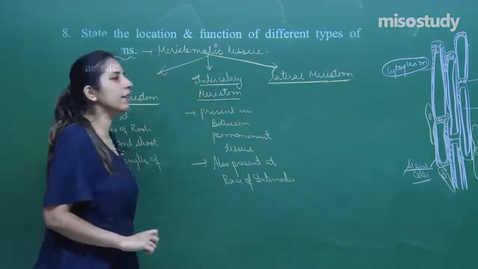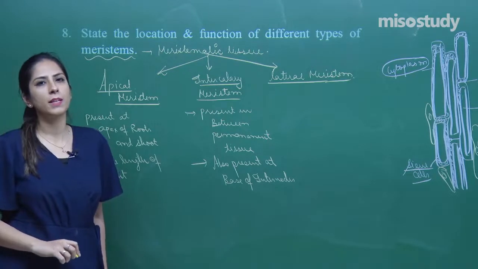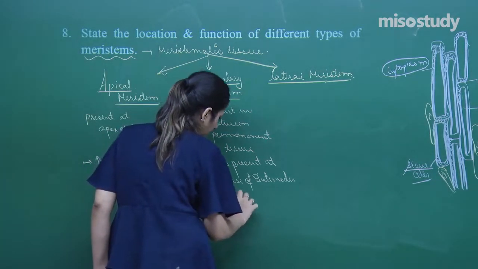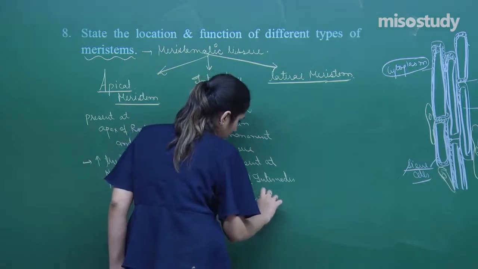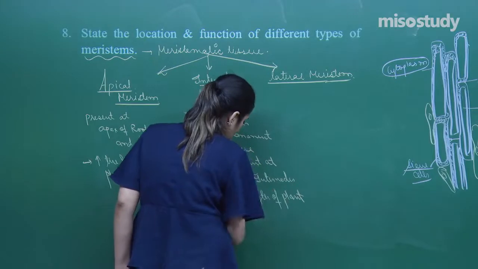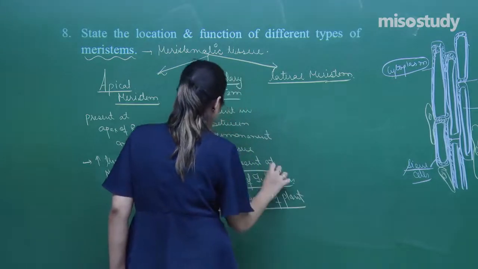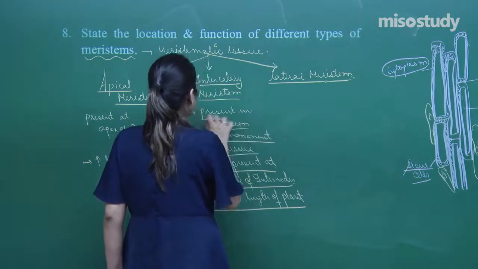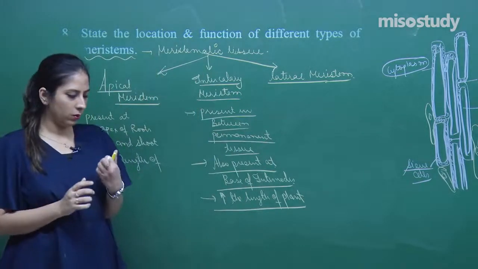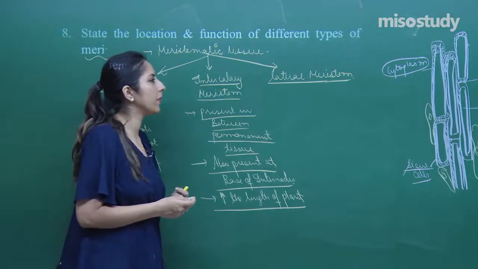Right. And intercalary meristem also helps in increasing the length of a plant. Now, let's explain the lateral meristem.